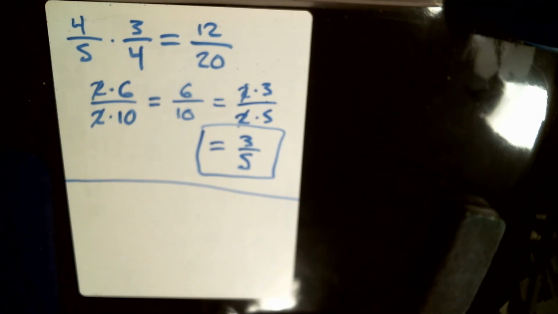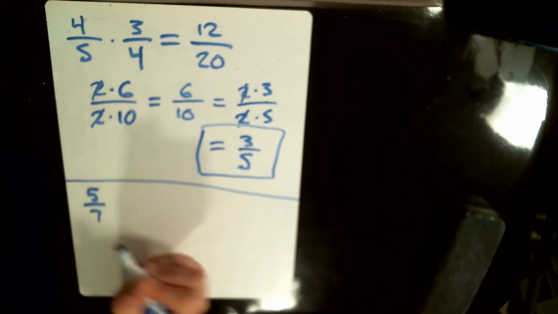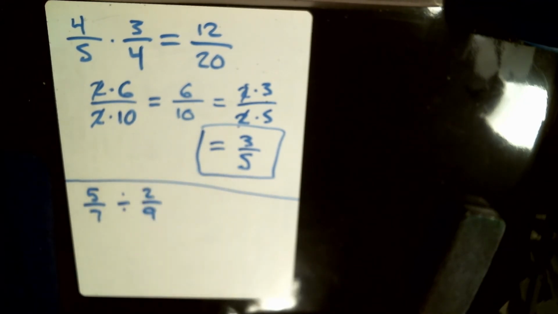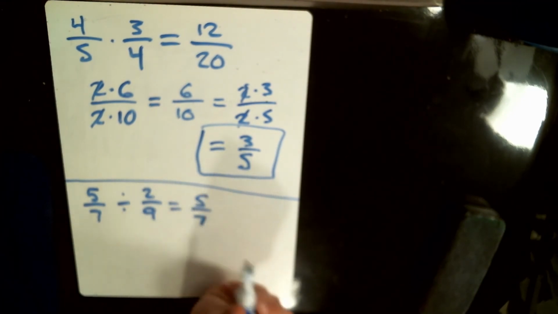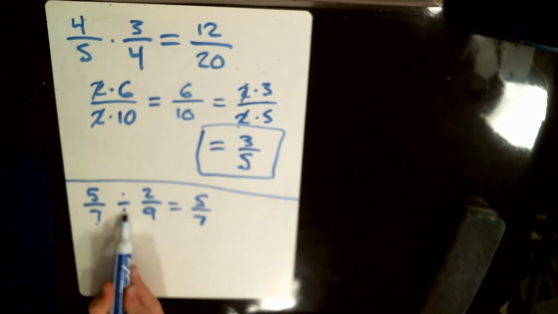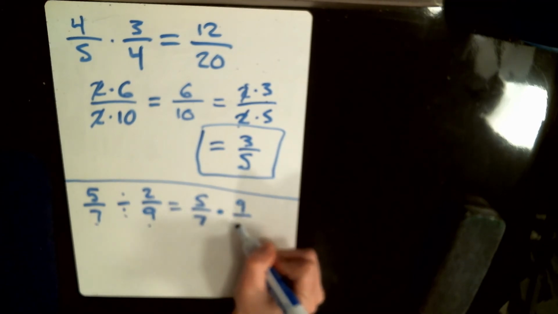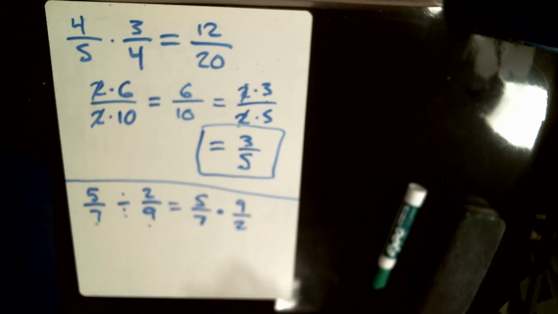Dividing fractions. Let's do 5/7 divided by 2/9. Okay? In order to divide fractions, what you do is you keep this one, change this one to times, and flip the other one. Okay? So you flip this one and change it to times. Okay?